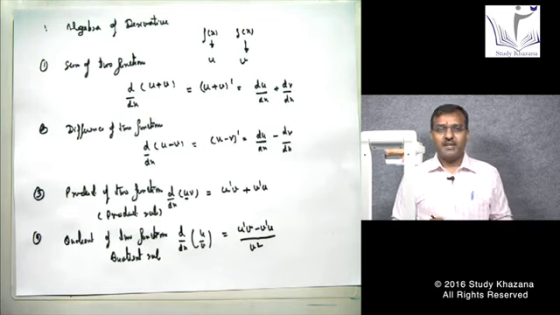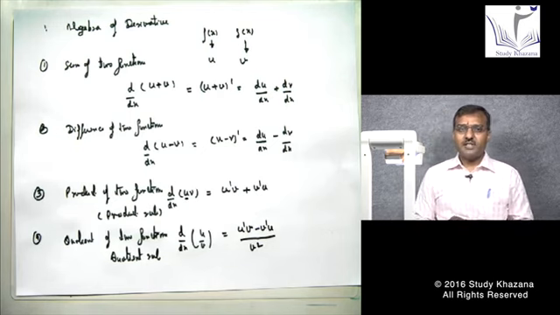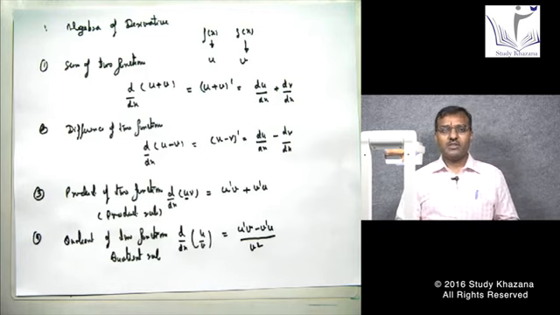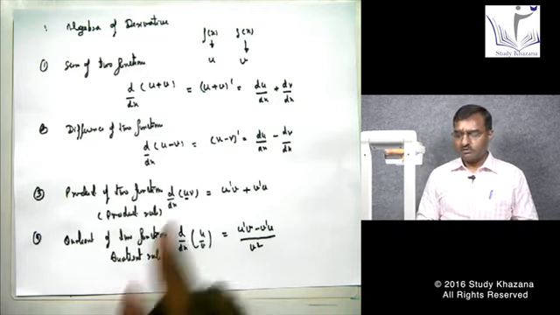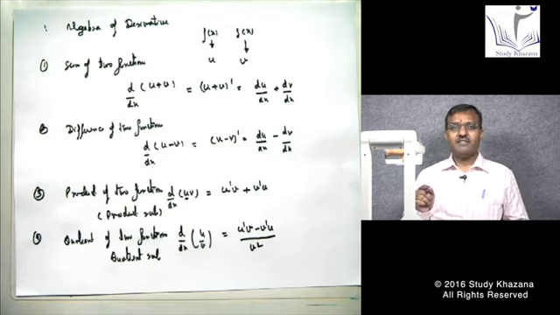So this is the simple algebra of derivatives. When we are taking the sum of two functions, it is simply the derivative of both functions added. In case of difference, we only put a minus sign and take the derivative of both functions. But in the product rule and in the quotient rule, we have to remember the rules. What is the rule? First we take the differentiation of one, then multiply by the other.